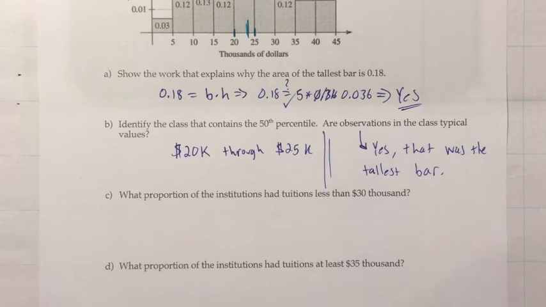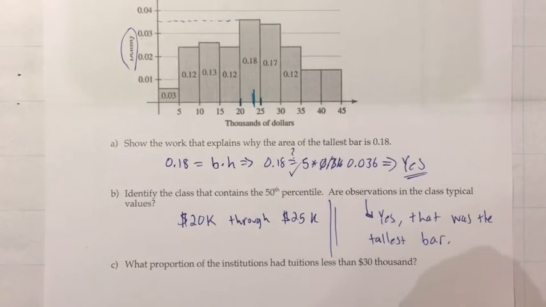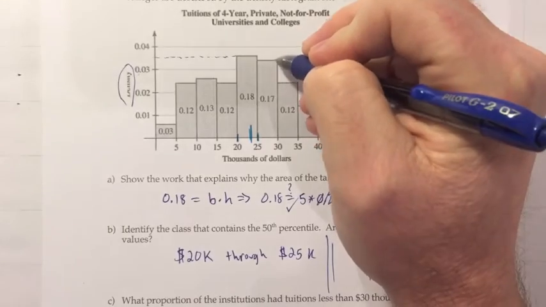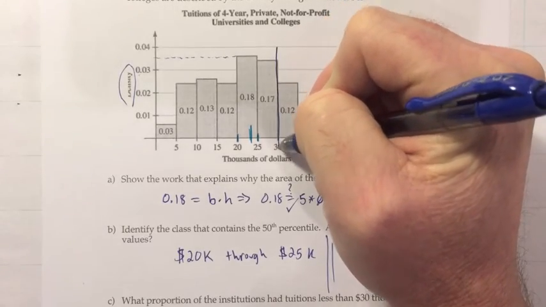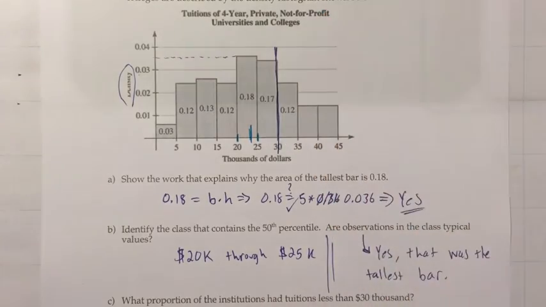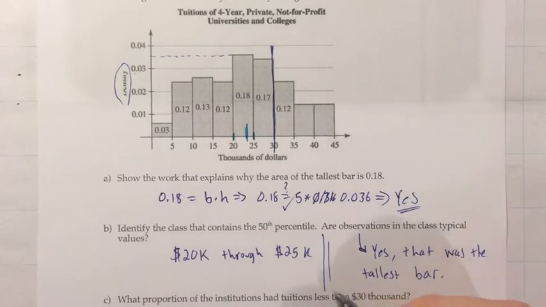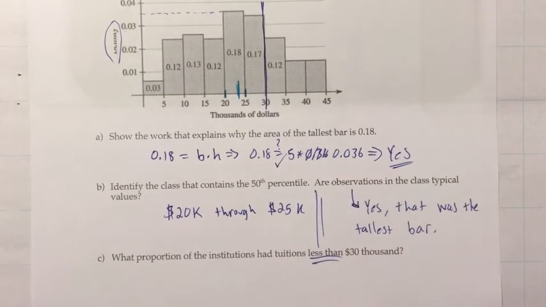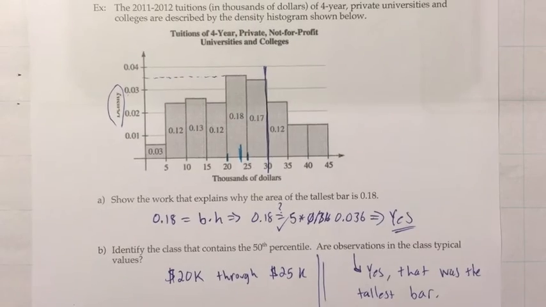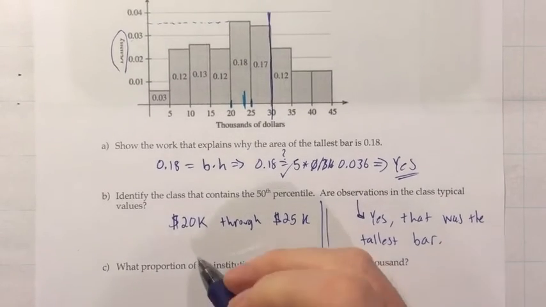What proportion of the institutions had tuitions less than $30,000? There's a couple ways of going at that. One of them would be to just draw that line at 30,000, and they said less than, so we would just add up all of the decimals that were below that.